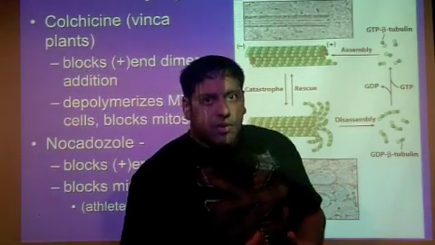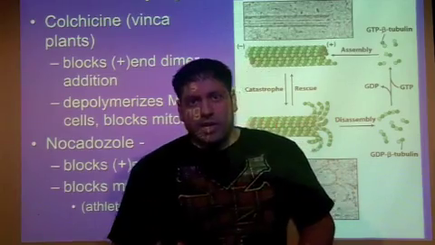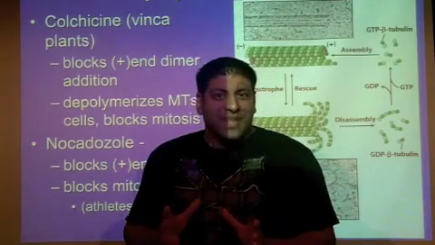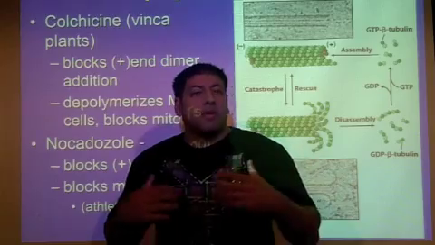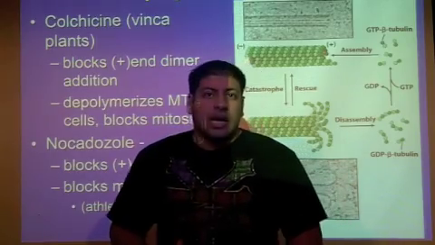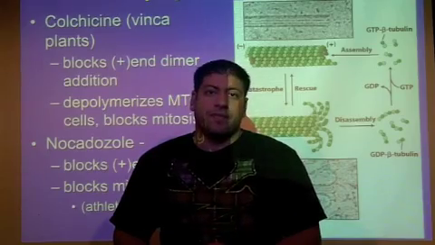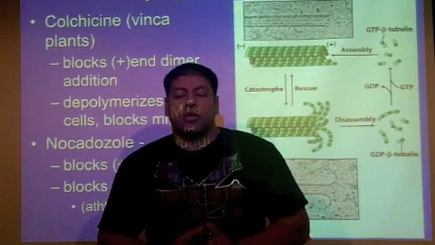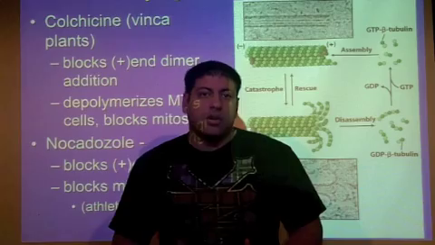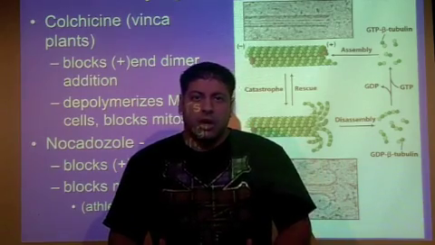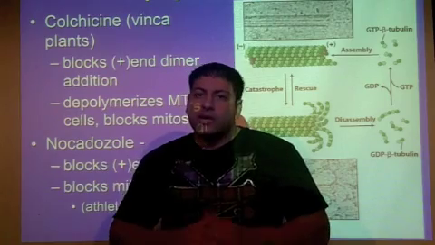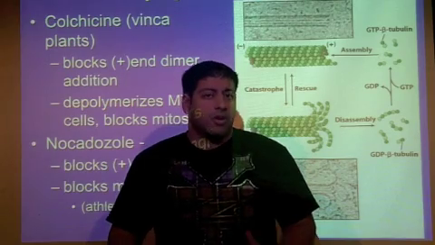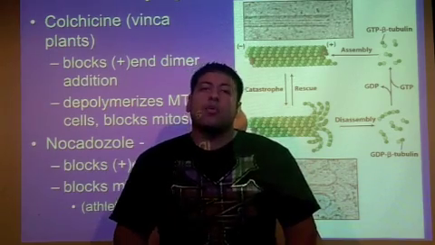Now the next thing that I want to talk about, which I'm including in this particular shot, is drugs. So how certain drugs can be used to our advantage and how they affect the microtubules. We're going to look at 3 drugs specifically. 2 of these drugs contribute to depolymerizing or breaking down microtubules. So again, with the cytoskeleton proteins, if you don't have enough microtubules, the cell will die.